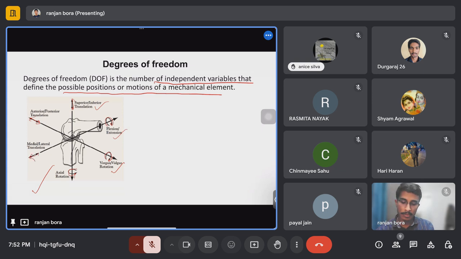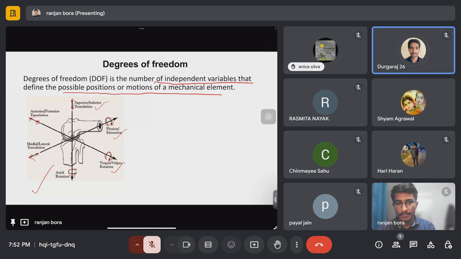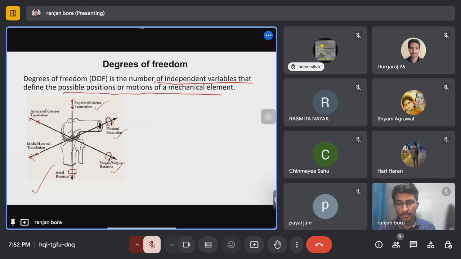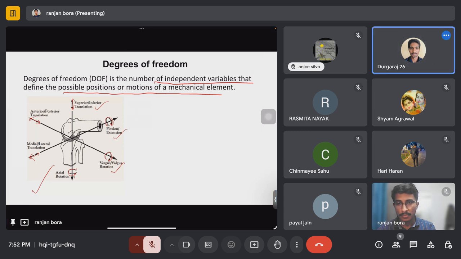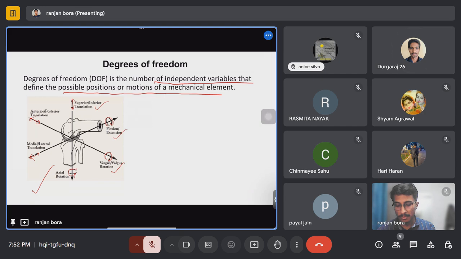How many independent movements are possible for a knee joint? Four?